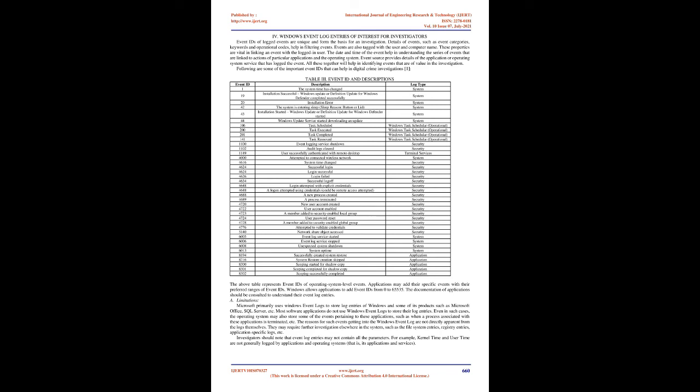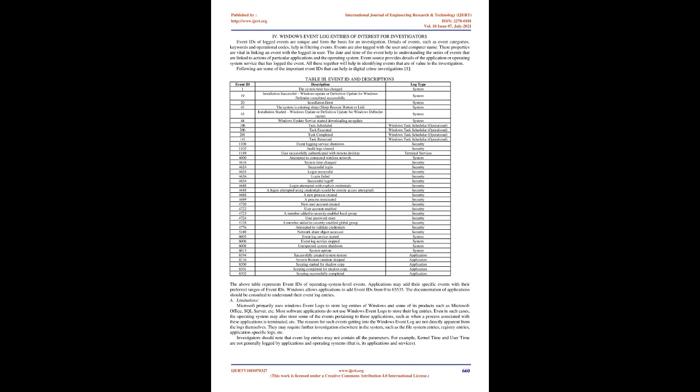The reasons for such events getting into the Windows event log are not directly apparent from the logs themselves. They may require further investigation elsewhere in the system, such as the file system entries, registry entries, application-specific logs, etc. Investigators should note that event log entries may not contain all the parameters.